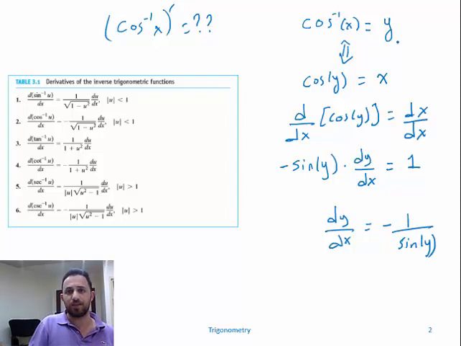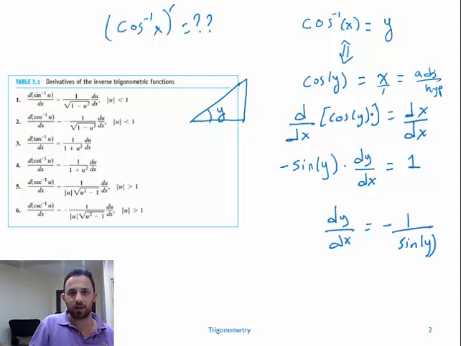However, y is an angle that I have added, which is not given to me, so I need to define y. I define y by cosine y equal x, so this is the angle y. Cosine is the adjacent over hypotenuse, therefore this is x over 1. So the adjacent is x and the hypotenuse is 1.